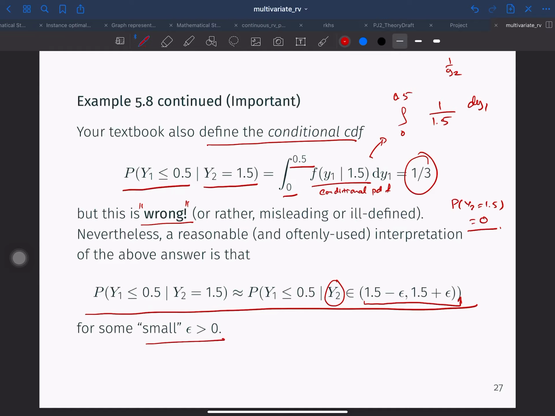But in reality, in practice, you can just do all this calculation and they will still mean something. So you can still give meaning to them. So maybe at the end of the day, you don't really have to worry about all of this, whether it's really probability 0 or not. Just do the calculation, and at the end of the day, you can still give meaning to it. So like here, this is not really well defined, but at the end of the day, we can still give a meaning to what it means.